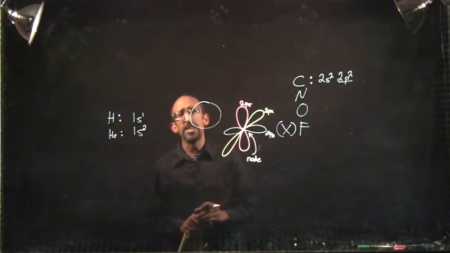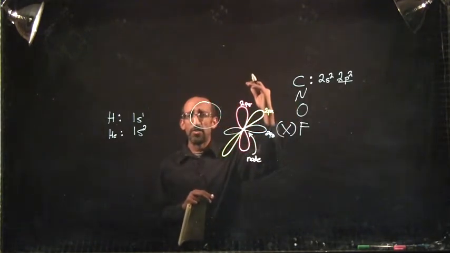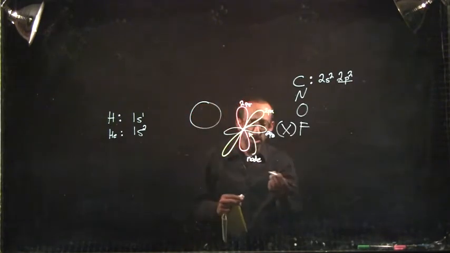And every time we introduce a node into an orbital, we raise that orbital's energy level relative to an orbital that doesn't have a node. So what would that look like?